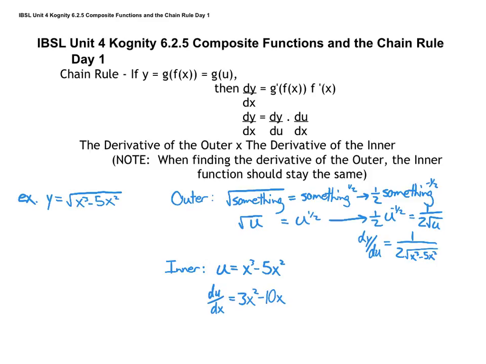So now, to do dy dx, according to our chain rule, I have to do dy du times du dx. So the two parts that we just found, we are now going to multiply together. Dy du is 1/2 square root of x cubed minus 5x squared.